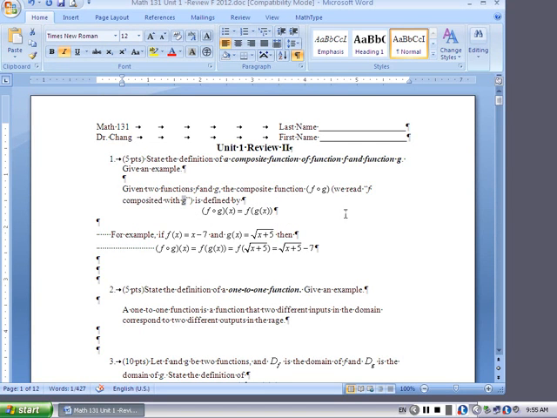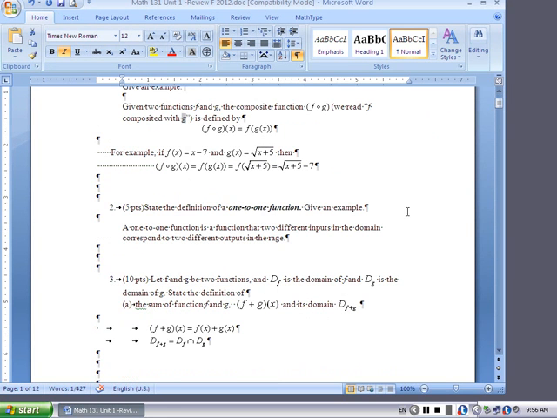Next, what about one-to-one function? The definition of a one-to-one function is a function such that two different inputs correspond to two different outputs, right? Now you can give a definition.